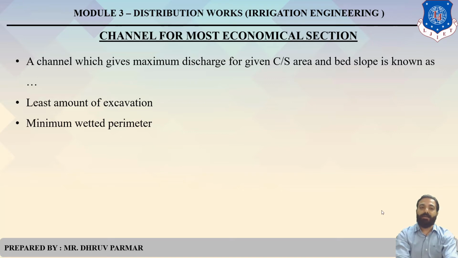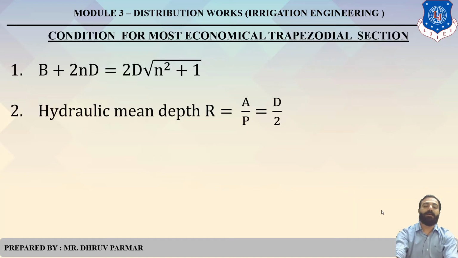So how can you do that? There is a formula which is proven. Two things are required to get the most economical section: first, least amount of excavation, and second, minimum wetted perimeter.